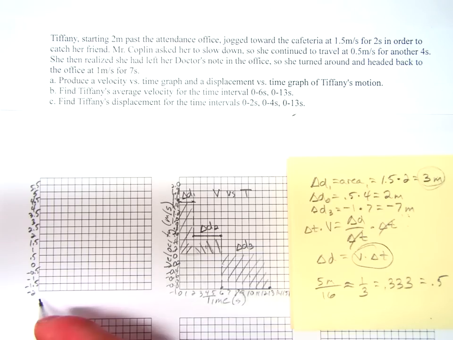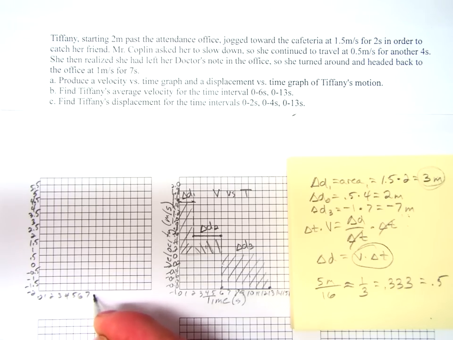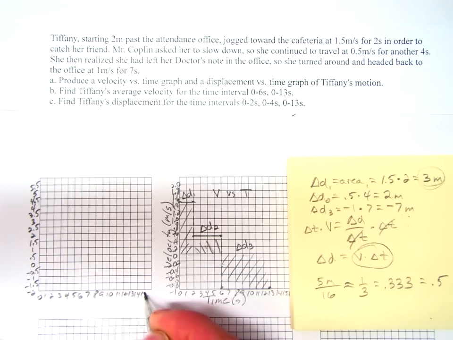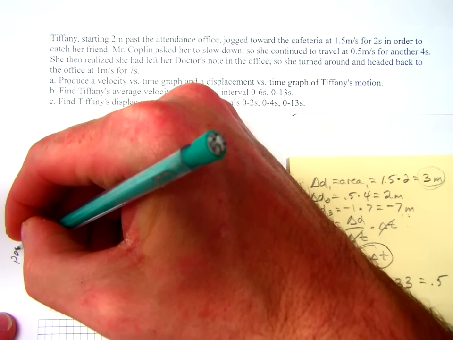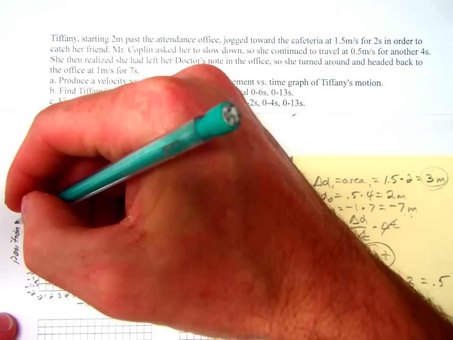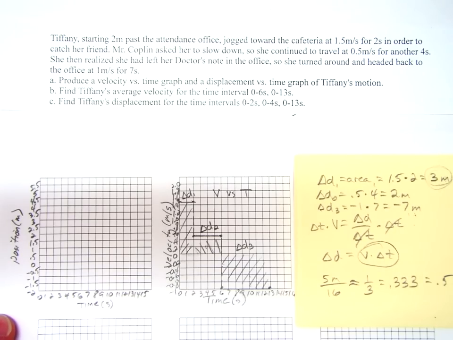Okay, so then time is the same on both graphs. And this is time, in seconds. And this is position or displacement, in meters. Probably more appropriate to put displacement because we don't know exactly what the position is. We're just deciding what it's going to be. We're going to say that the office is at negative 2 and the starting point is at 0.